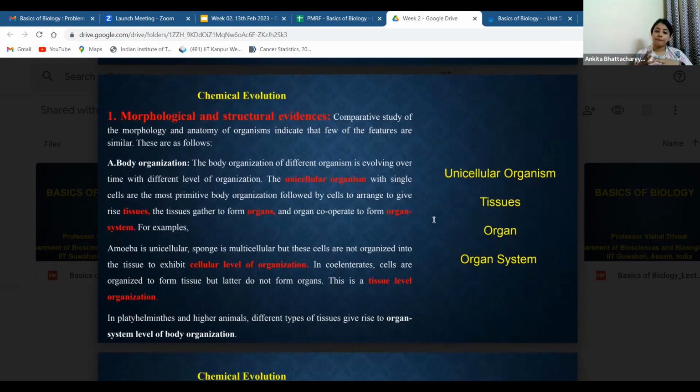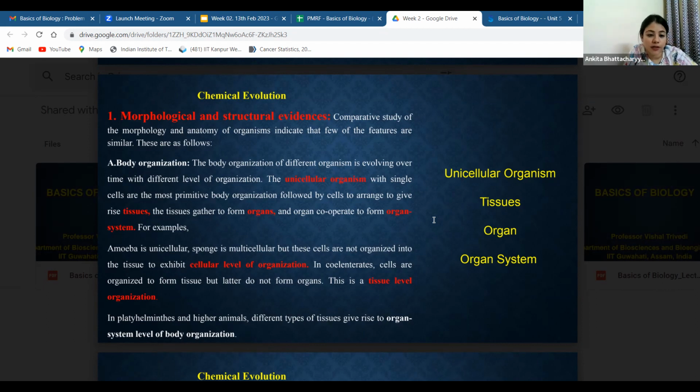So we have unicellular organisms, which you can consider to be the simplest. Then it goes towards the cellular organization, the tissue level, organ level, and finally organ system levels, which is something we have, like a circulatory system, a respiratory system, a digestive system, each having its own set of very clearly predetermined functions. So that is what we have discussed quite extensively.